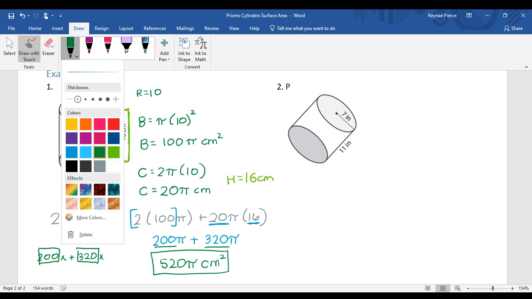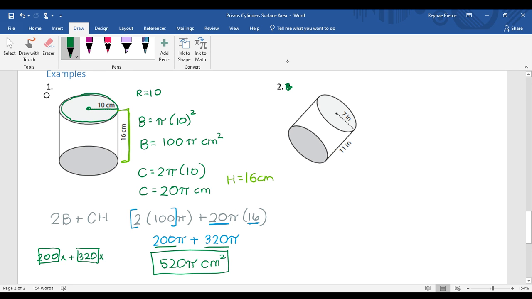Last example here. Don't know why that P is there. Ignore it. We've got our circular bases. Our radius is 7. To find the area of the base, we take pi times that radius squared. So our base is 49 pi square inches.